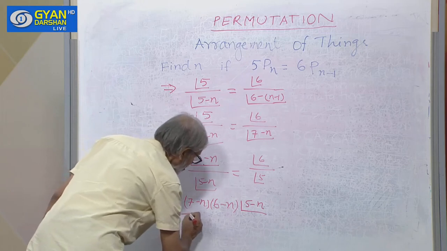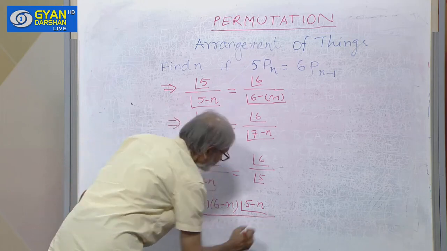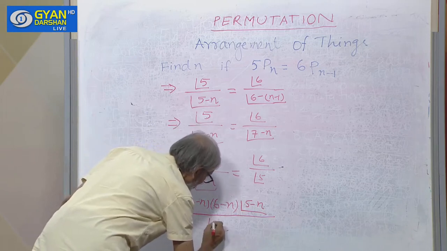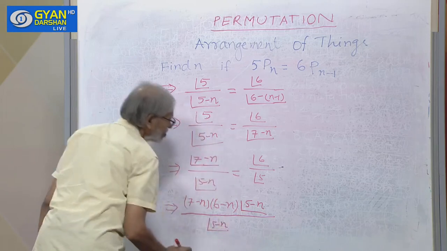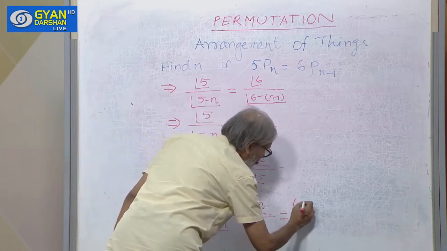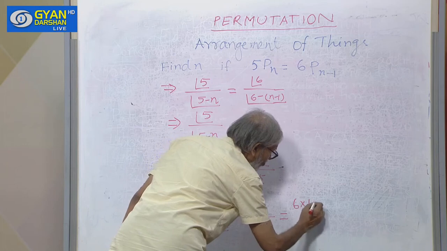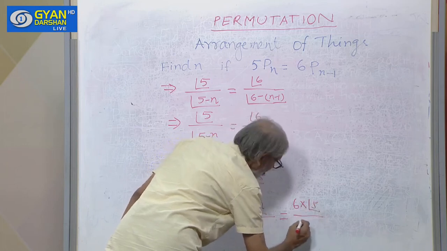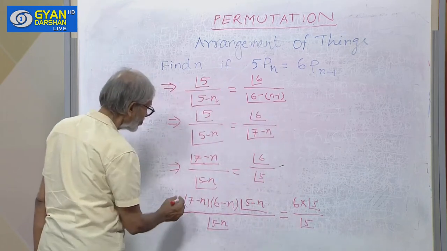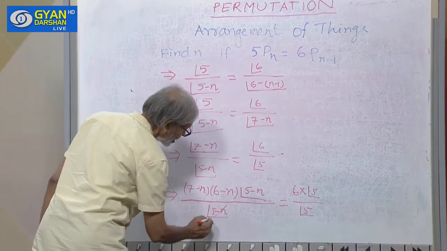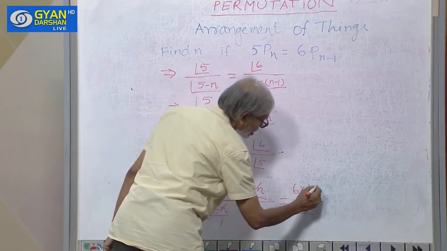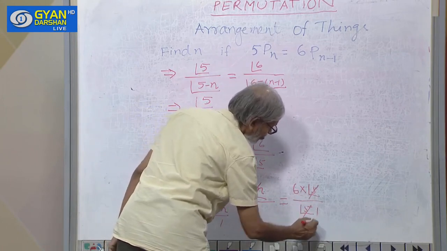You just remember the definition of factorial, and this factorial 5 minus n is equal to 6 into factorial 5 divided by factorial 5. Since all is multiplication, we can cancel this here, it will become 1, and this with this here also it will become 1.